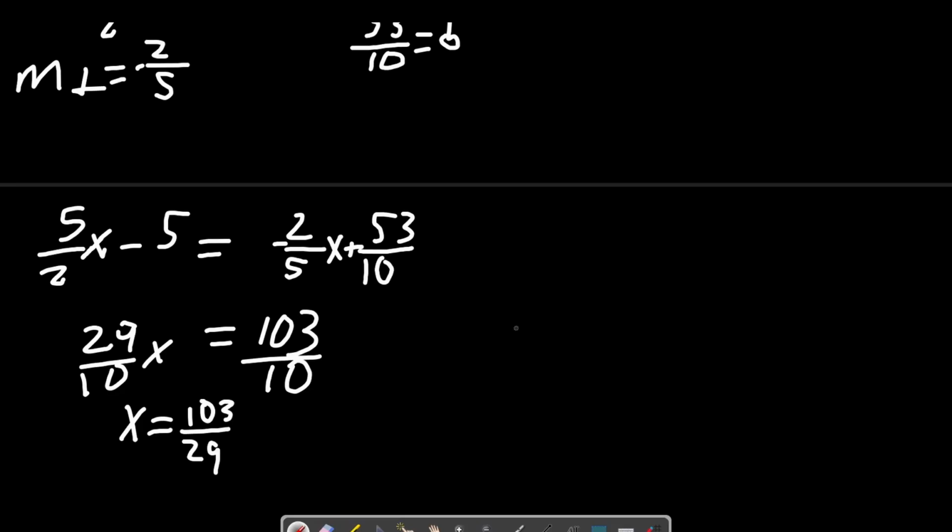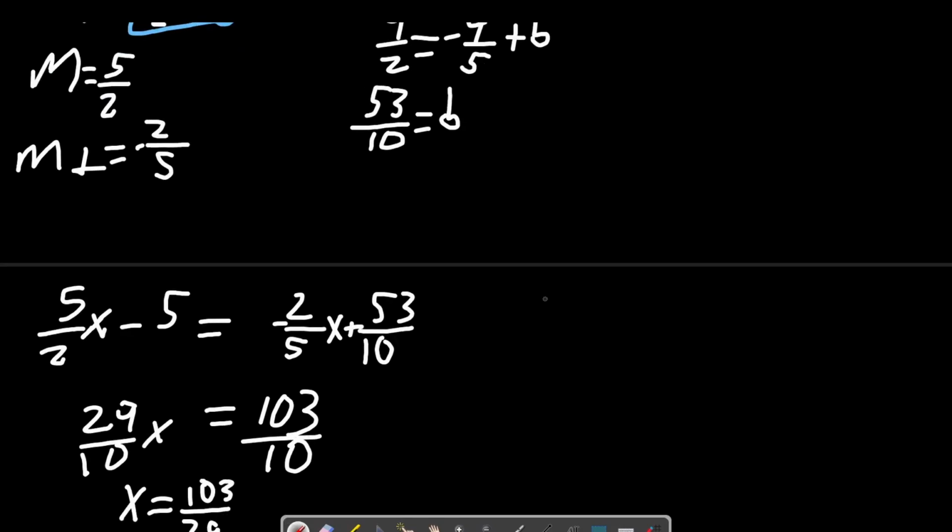Okay, so now we can just plug this into an equation. Do y equals 5 halves times 103/29 minus 5.